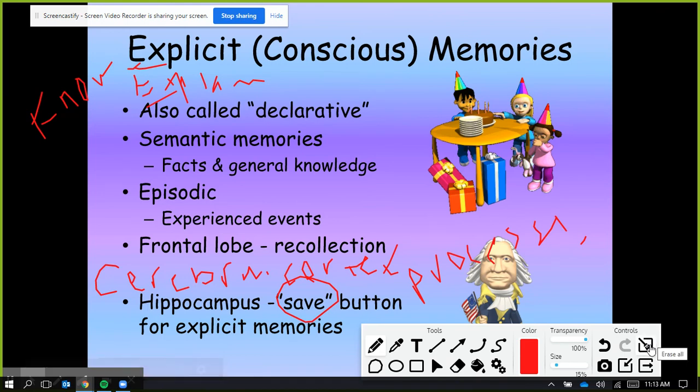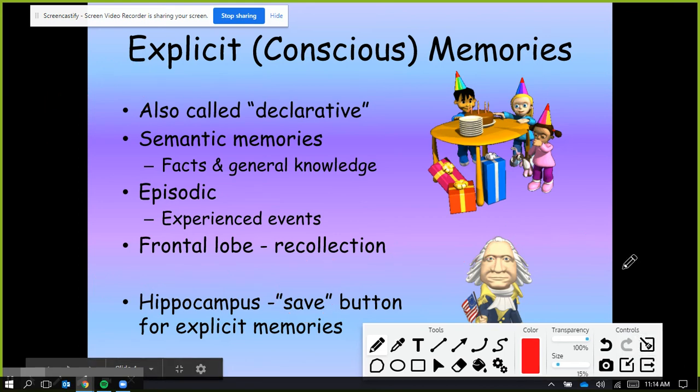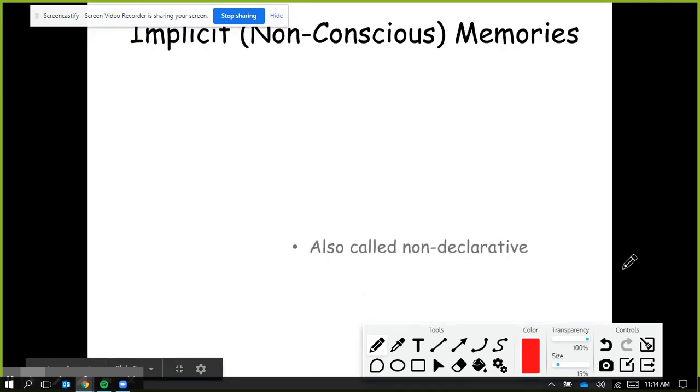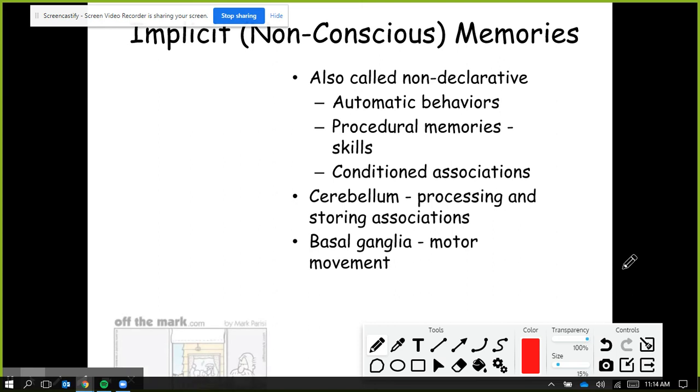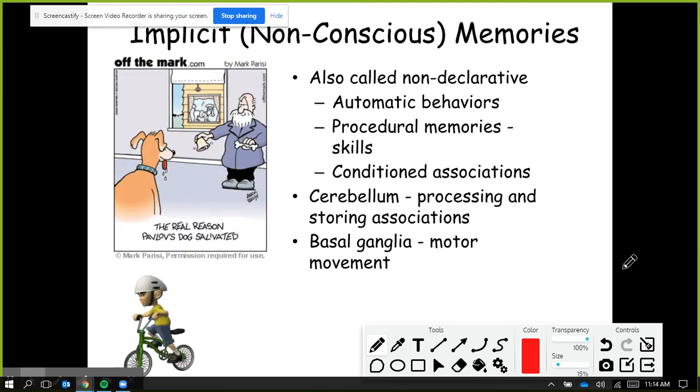All right, so explicit memories we are consciously aware of, things that we know and things that we remember about our life. The other type are implicit memories, so-called non-declarative or non-conscious. These are things that we can do.